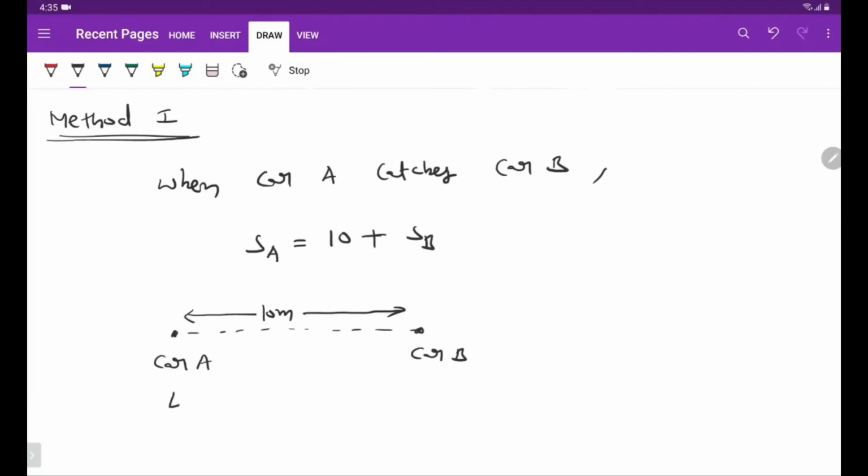This is time t0, so here also time t0. After some time, car A and car B are at the same position.